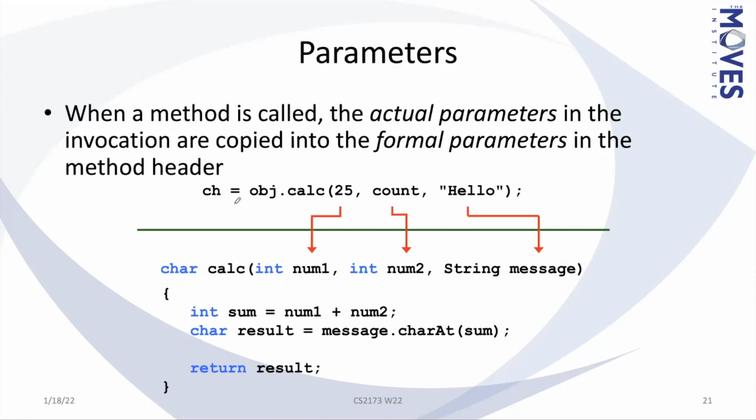Okay, so when we call that method, here I'm calling the method with a constant. Here, presumably, the count is an integer which has been defined somewhere up here. Here's a string. And these values get copied.